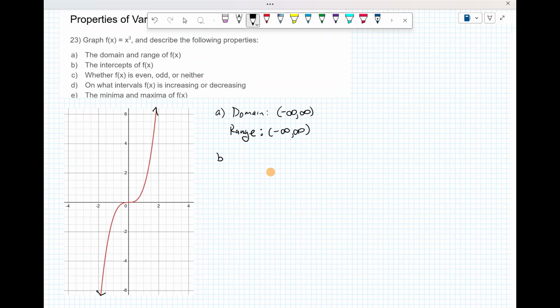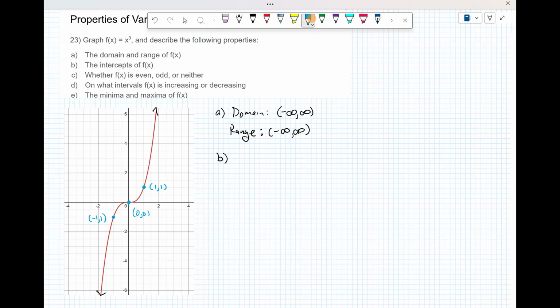My intercepts, where does it cross the x and or y axis? Just like before, it crosses both at one point, which is at 0, 0. And by the way, some of the important points in this function, I would say, are 0, 0, 1, 1, and negative 1, negative 1.